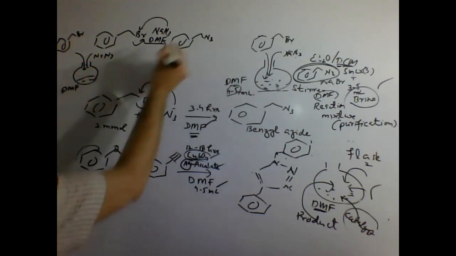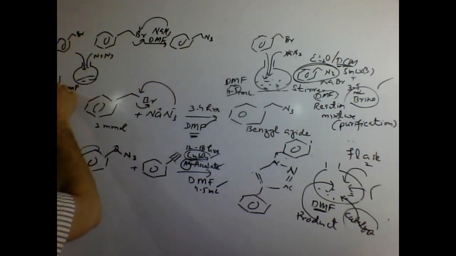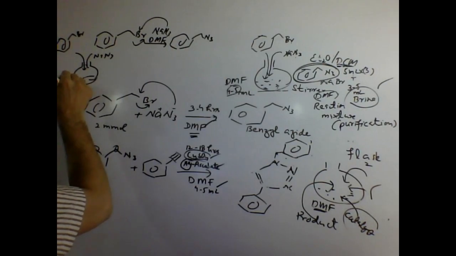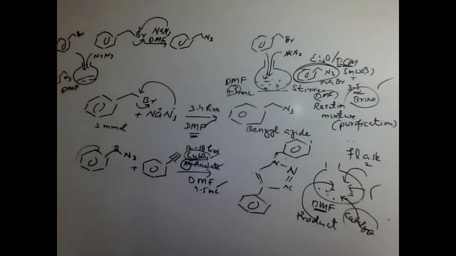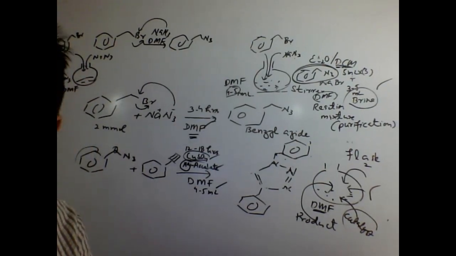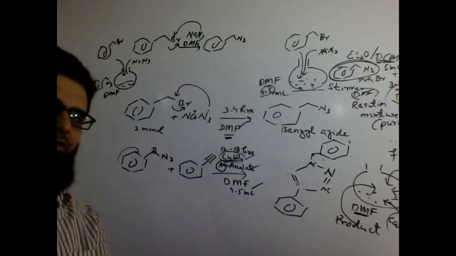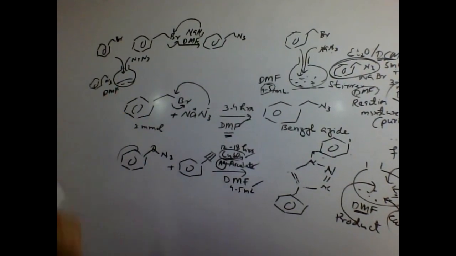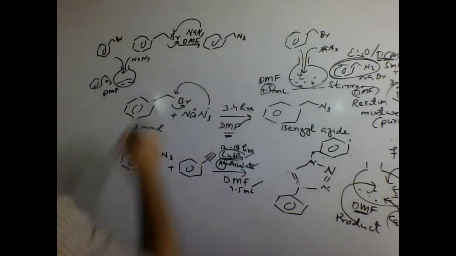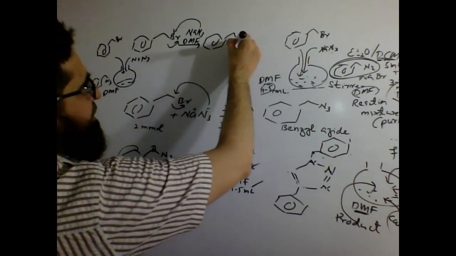As a result of the reaction, this product would have been formed in 3 to 4 hours. It will be benzyl azide, like this one. So without purifying at this step, they simply moved on.